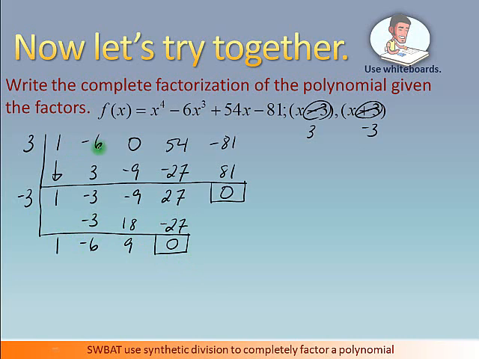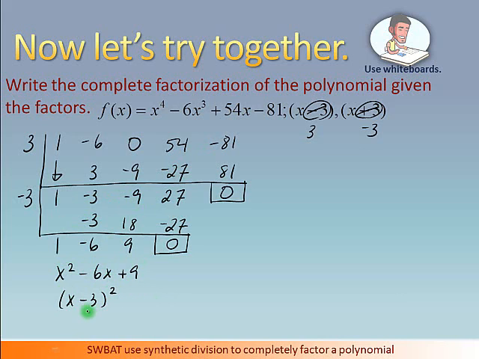So start with a 4th degree, 3rd degree, I'm down to a quadratic. So x squared minus 6x plus 9. And then once you factor this, it becomes x minus 3 quantity squared.